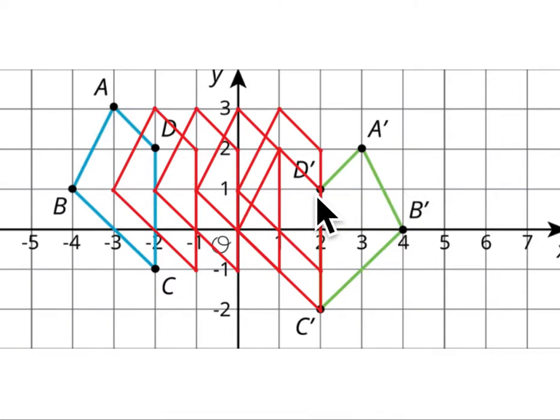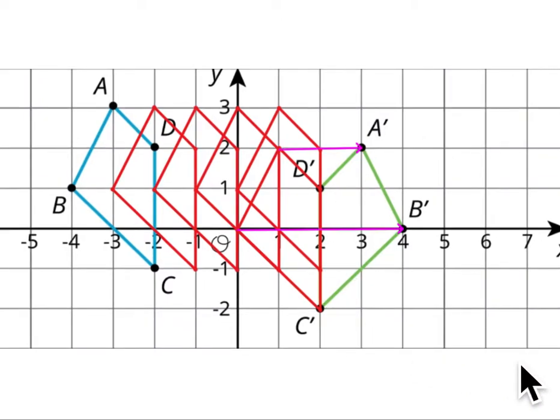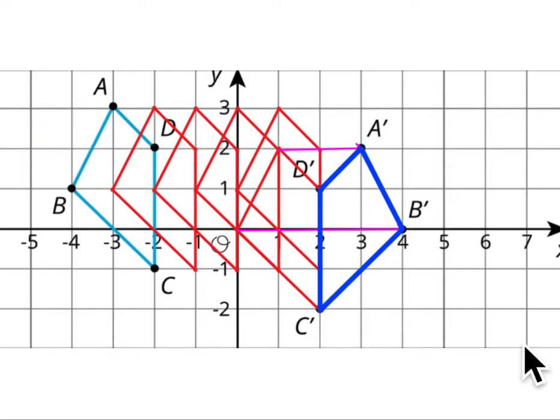And once you get it in that spot, you can see that it's a reflection over this line of reflection, which is this line segment D prime, C prime. So reflect it over. So you have to draw arrows that are perpendicular to show you where this point goes over the line of reflection, perpendicular to the line of reflection, forming a right angle. It flips over right there and ends up at that blue quadrilateral.